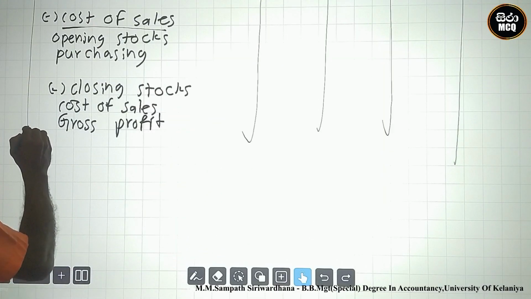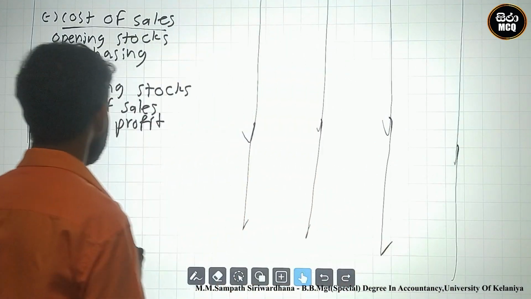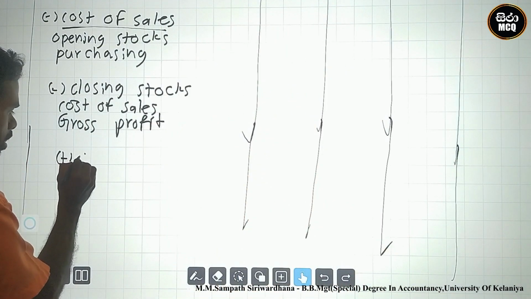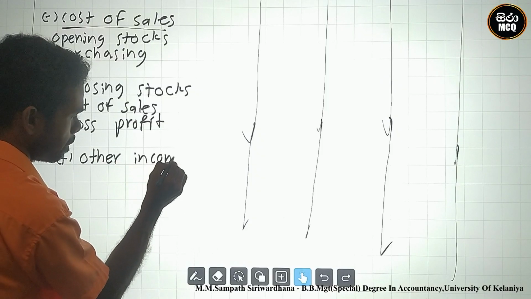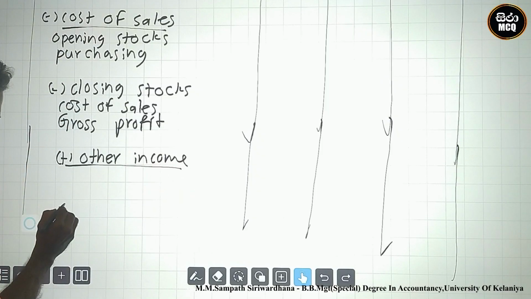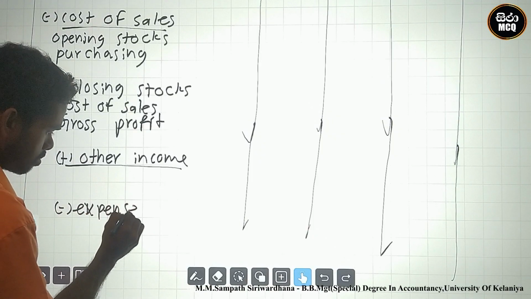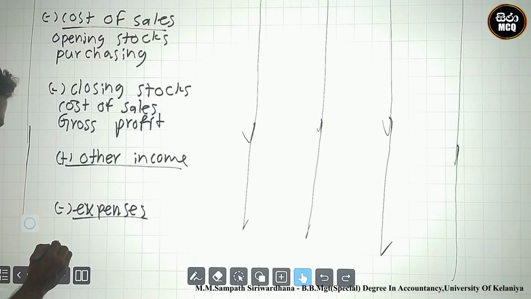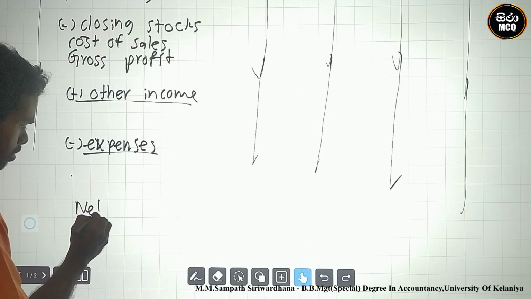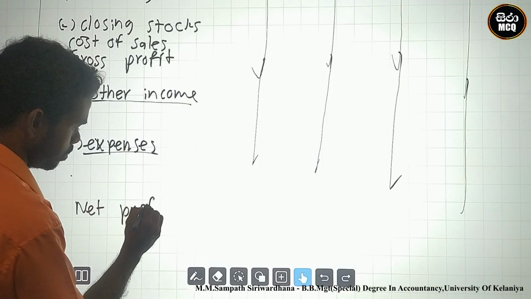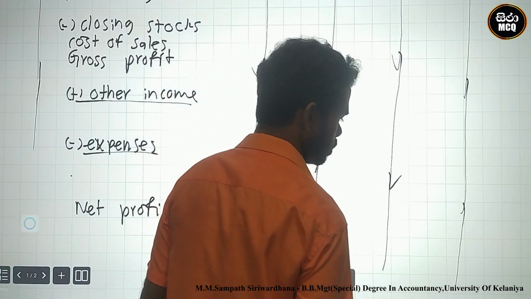We add other income and minus expenses. Then we can identify the final answer, net profit. All requirements are in the one income statement.